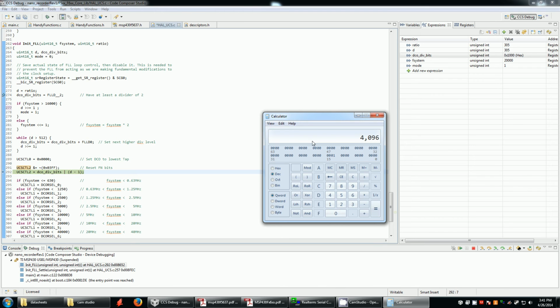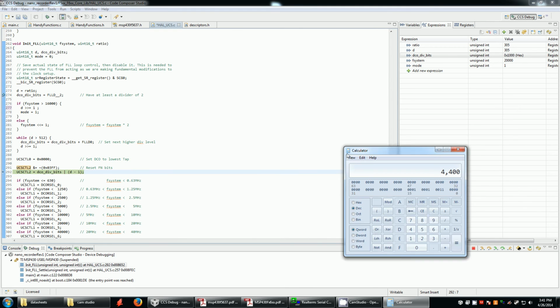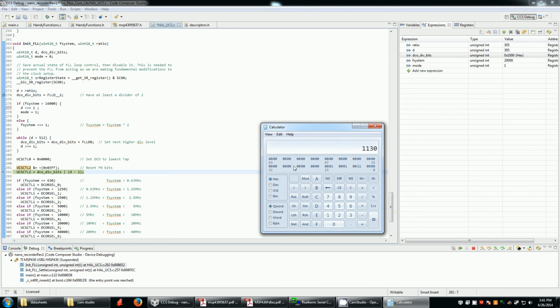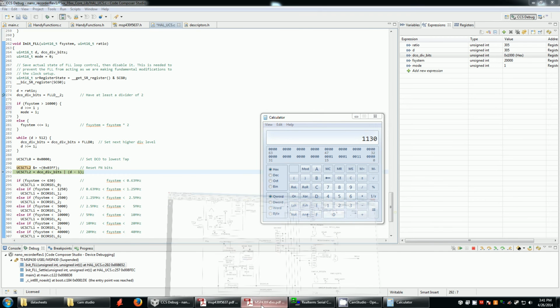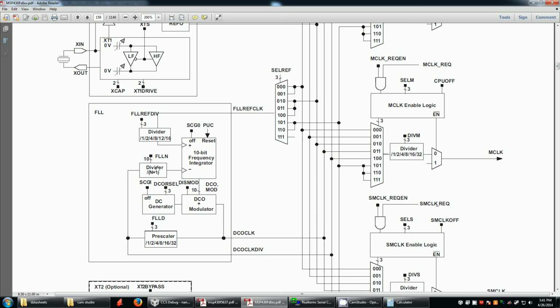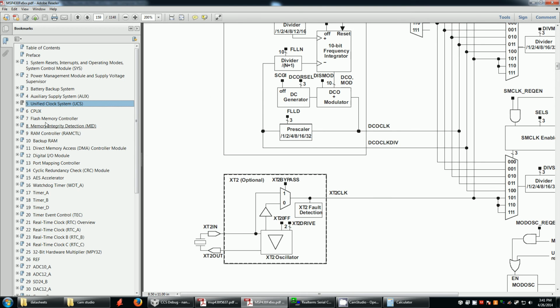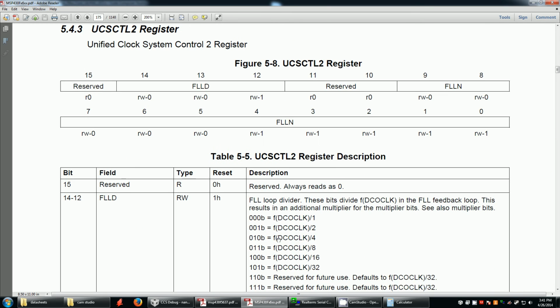So we're going to get 304, which is 4400. And that's the value, 4400 in decimal, or the hex value 1130 is what we want to load into the register that configures this and this.